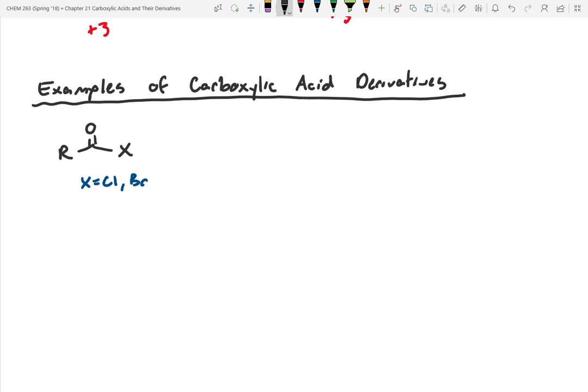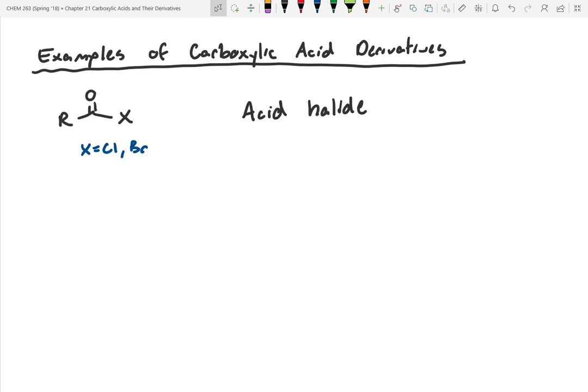So let's say it's a chlorine. It's referred to as an acid halide. So if it's a chlorine, it'd be called acid chloride. If it's a bromide, it'd be acid bromide. Okay, so that's one of the most common ones that you'll see.